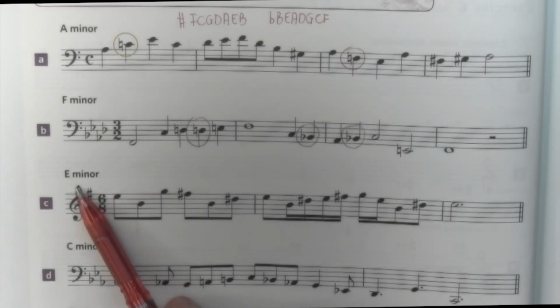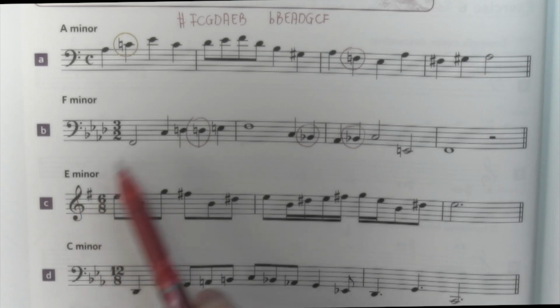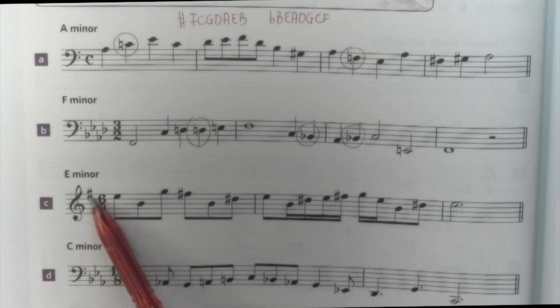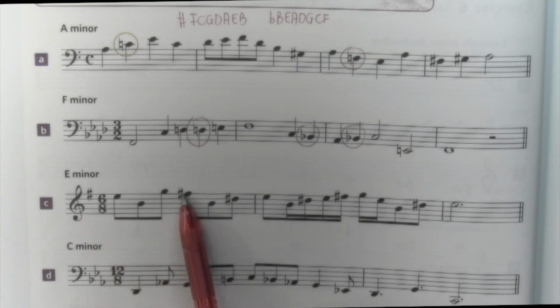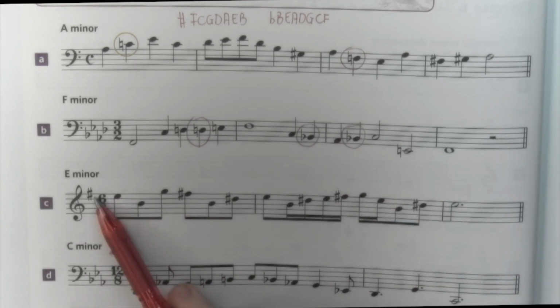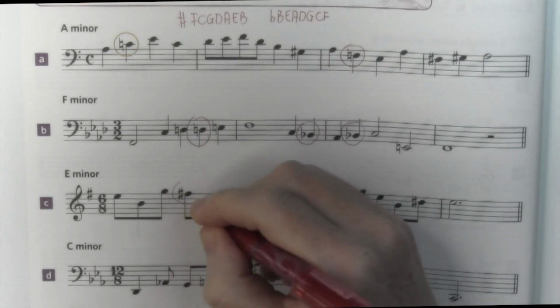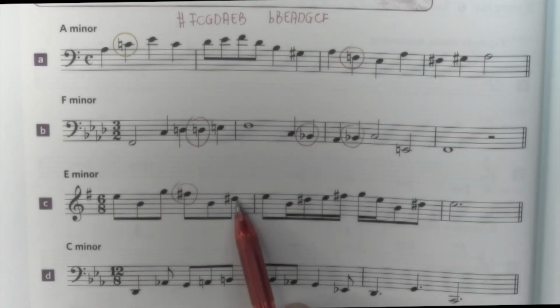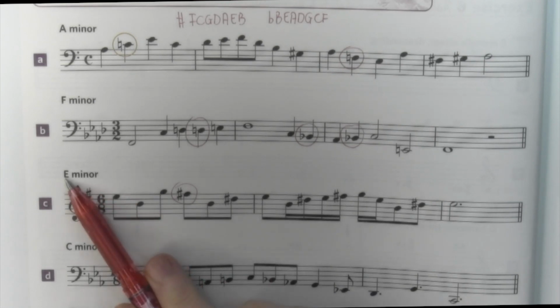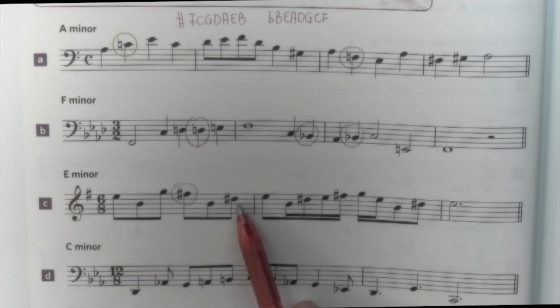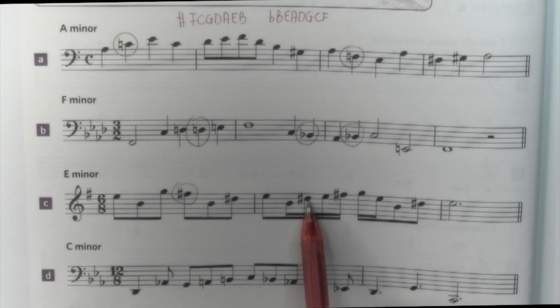Next one, E minor. This is the relative minor of G major, and G major has 1 sharp, and here it is. Now, do we need a sharp here? No, it is in the key signature. Do we need a sharp here? Yes, this is the leading note, 1 semitone below E. Do we need it again here?